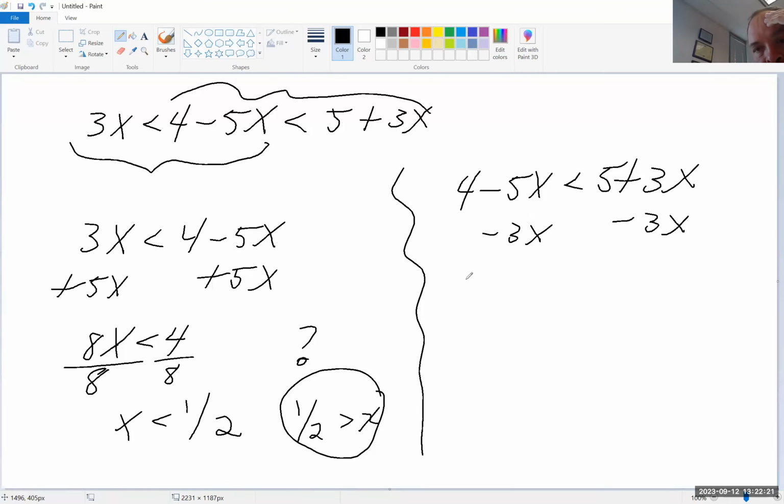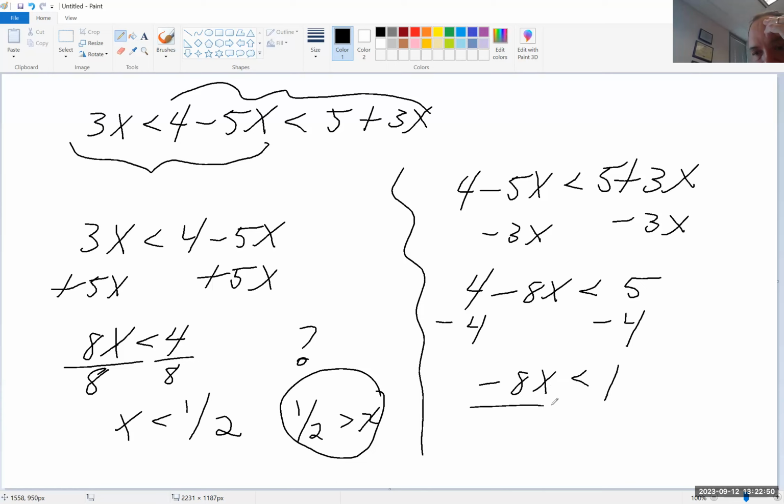So we're going to go with our normal operation. And then I'm going to subtract the 4, and I'm left with negative 8x is less than 1.